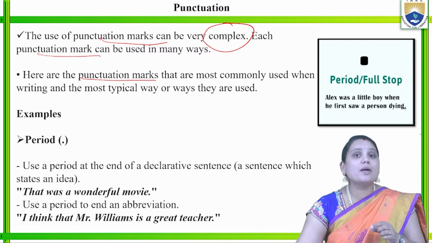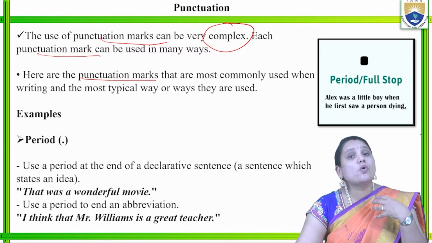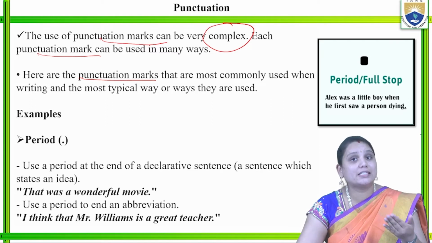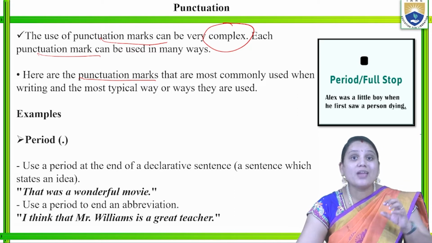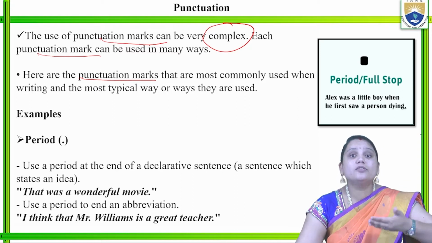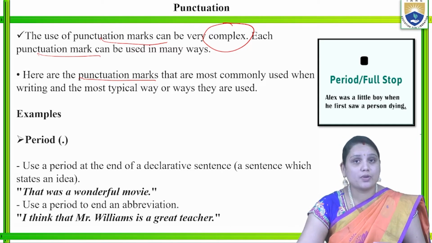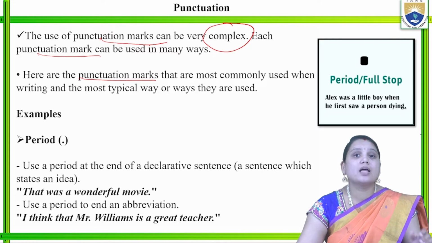Maybe in oral communication, you are not completely showing off that punctuation, but in the way of putting forth your expression, in the way of taking pauses, in the way of ending a sentence while talking to others shows your knowledge of punctuation. And this knowledge will make you stand very different and unique among other groups of people.